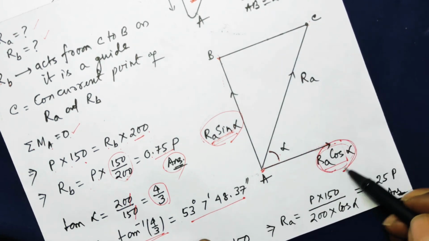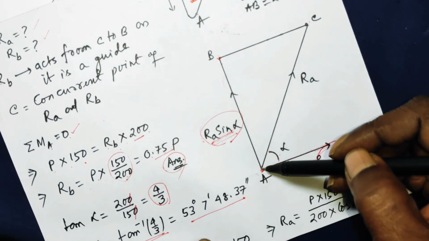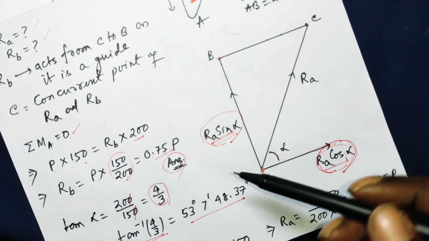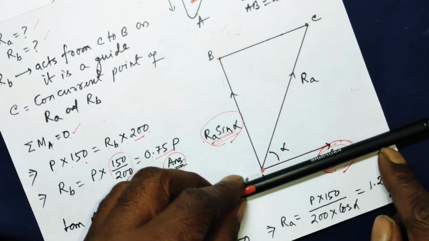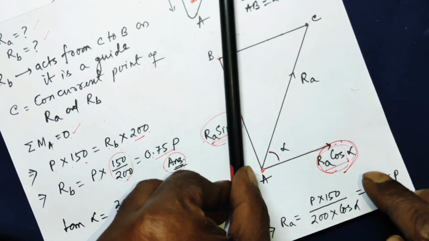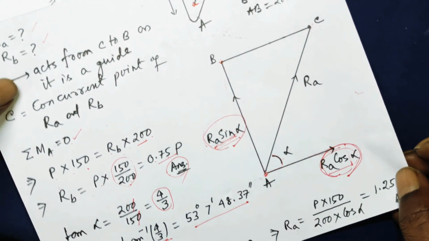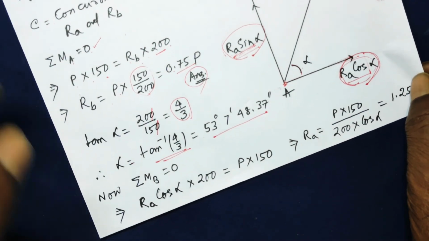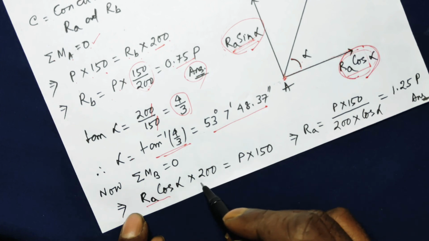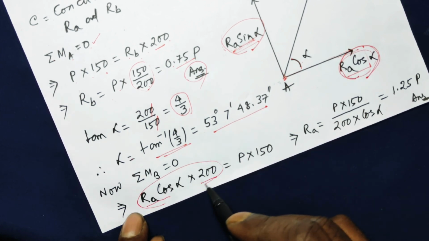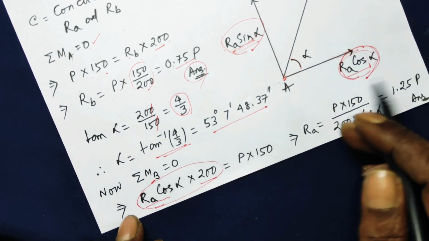So RA cos alpha times 200 mm is an anti-clockwise moment about point B.